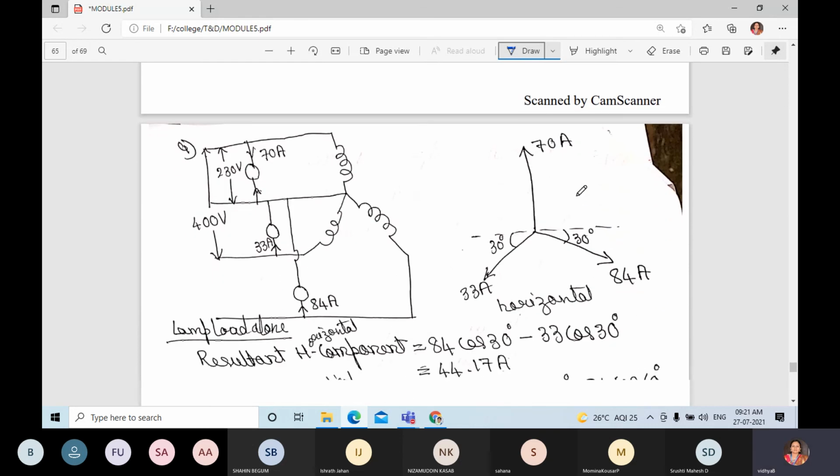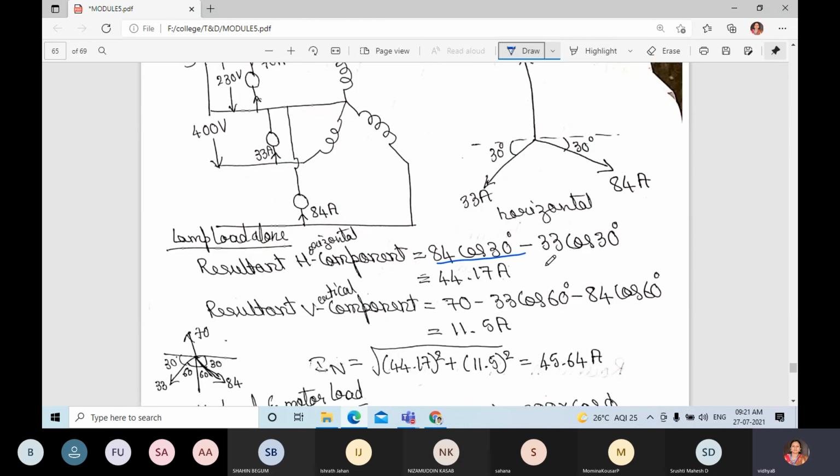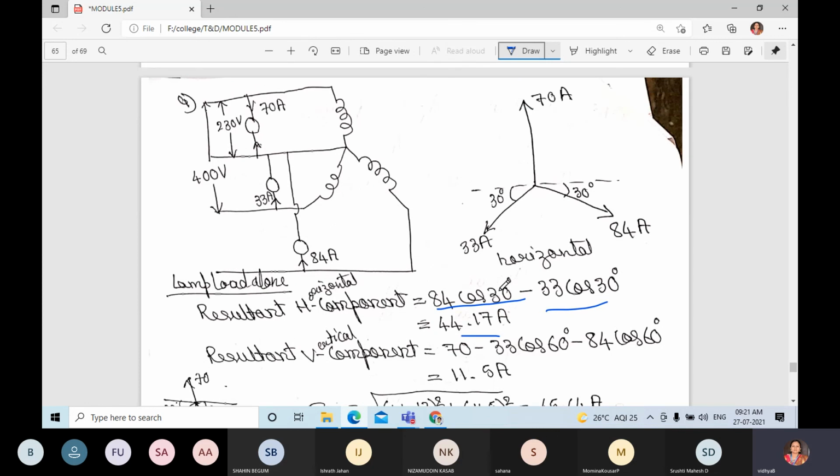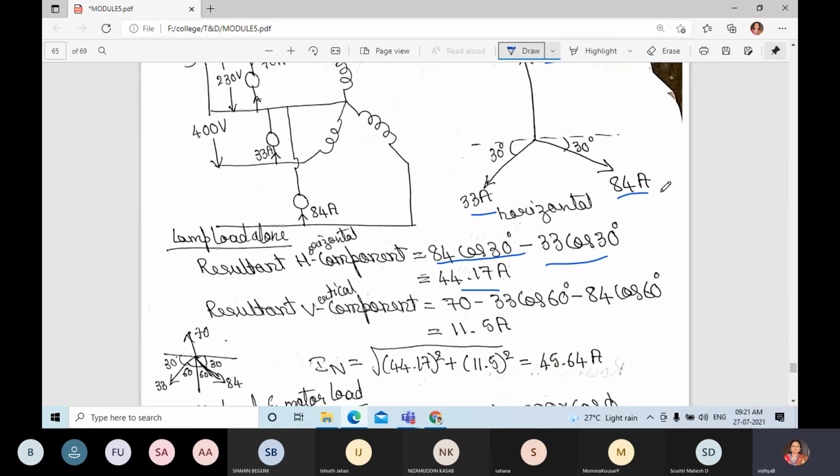Here, for the lamp load line, the resultant horizontal component is 84 cos 30 minus 33 cos 30, you will get 44.17 amps. We have taken 3 currents here, 70, 33 and 84. This is the angle. First we find the resultant horizontal component.